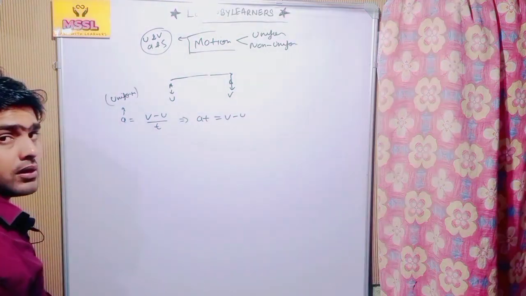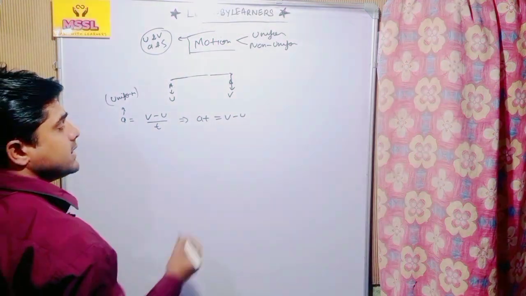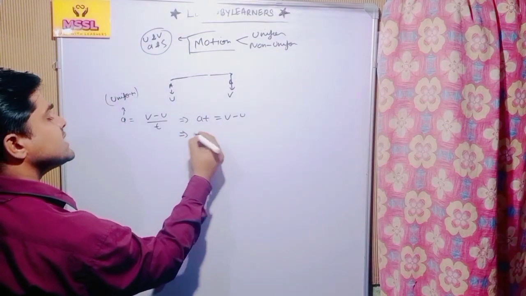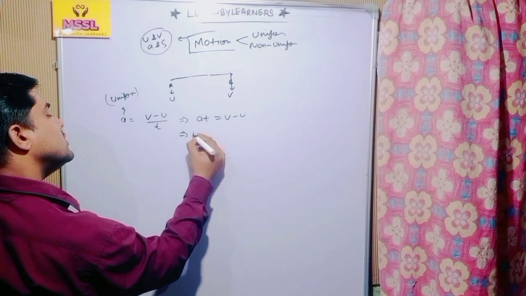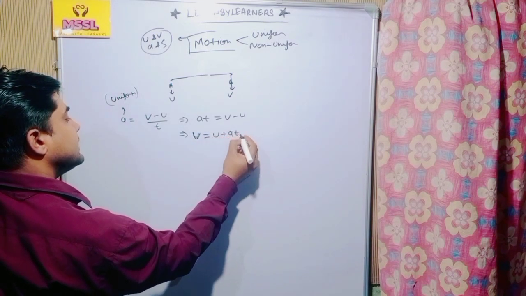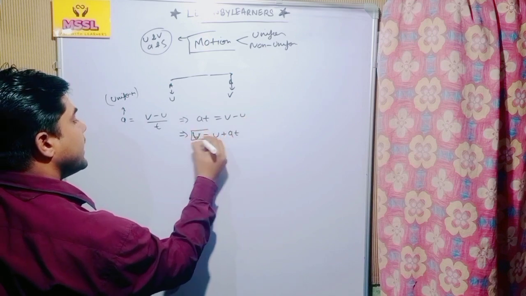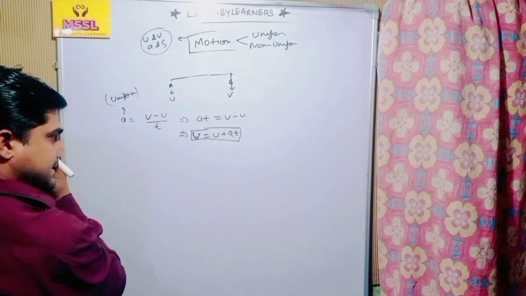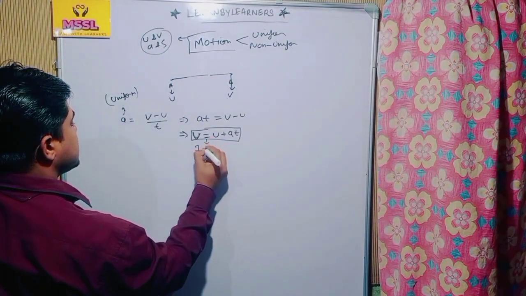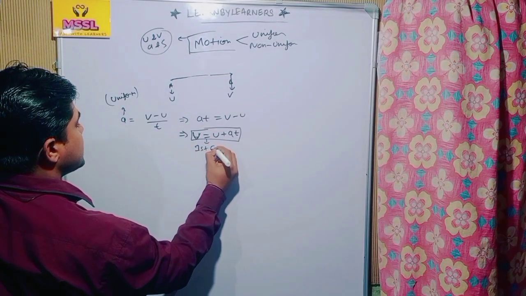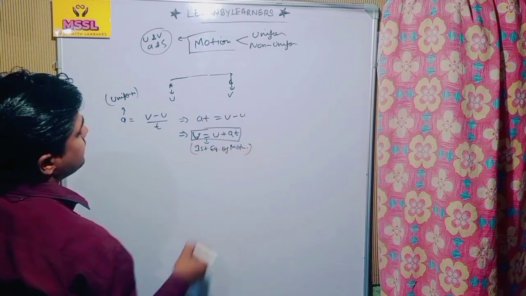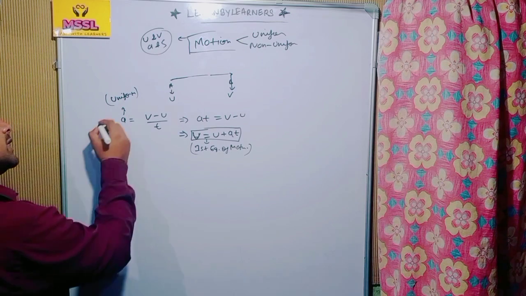And in standard form, you may find that V equals U plus AT. That is coming from here, and this is called the first equation of motion. All right, clear? This was the first one.